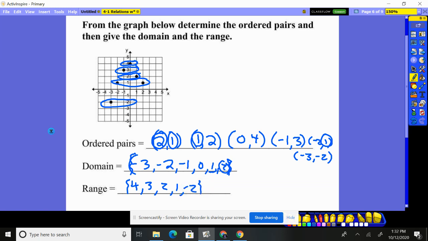And I could have just gone back through and grabbed the y value of every one of my points, making sure I don't repeat the value. But I sort of like to look at that because the range is literally the height of each point, the y value, the height. The domain is your sort of movement left and right, your horizontal bit.